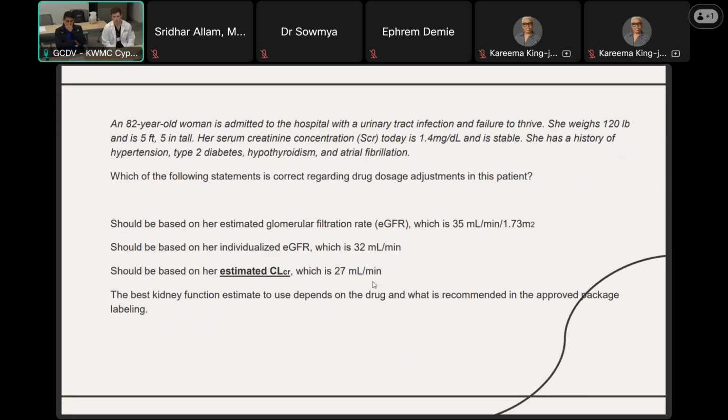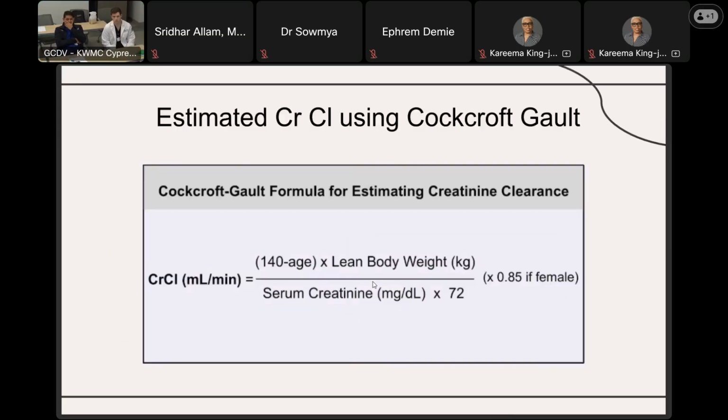And what is creatinine clearance? Creatinine clearance is calculated using some other formula, and the commonest one is the Cockcroft-Gault formula. The Cockcroft-Gault formula is a rather old formula that was developed when creatinine measurements were not standardized, so you could actually have variation between different labs. But anyhow, creatinine clearance using Cockcroft-Gault uses the age, lean body weight of the patient, and the serum creatinine.